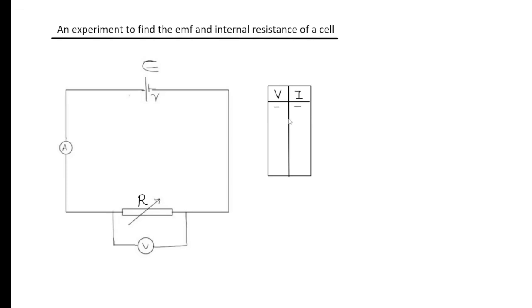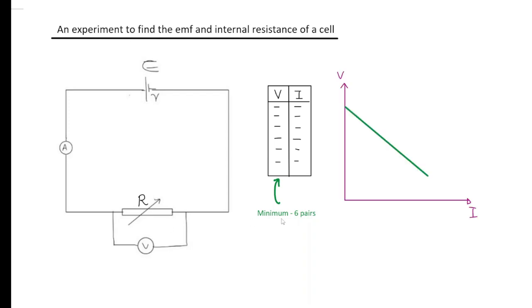Then you change it again, and you get a different value for the voltmeter and current. So in physics, to produce a valid graph, you need to get a minimum of 6 pairs of readings. If you can get more, that's okay, but minimum of 6. Then we are going to produce a graph of V against I. When you produce the graph, you get it in this shape. So let's see why you get this shape.